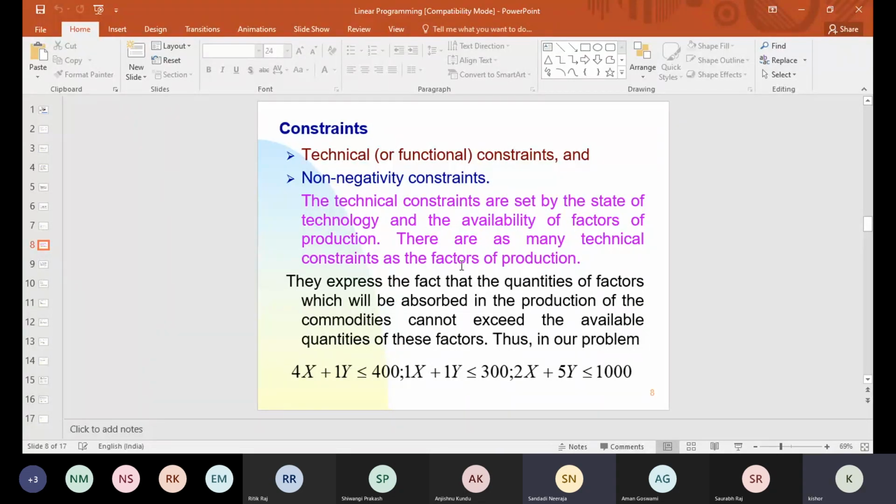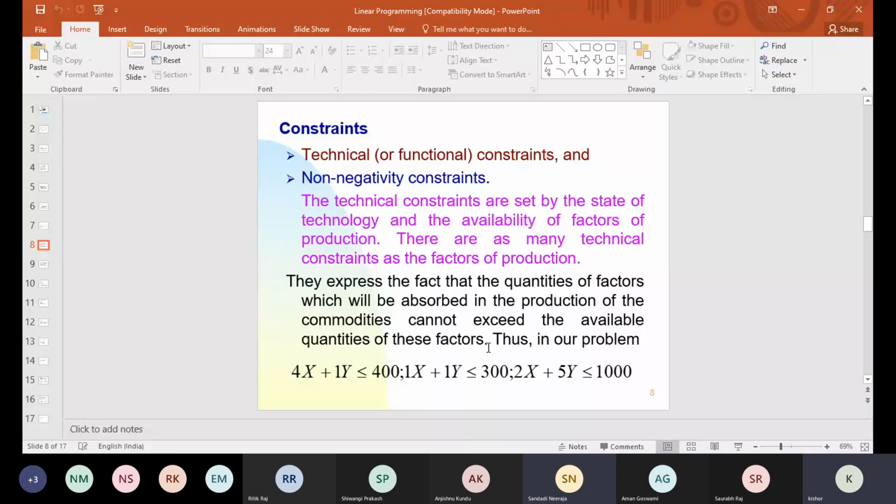There are as many technical constraints as the factors of production. They express the fact that quantities of factors absorbed in the production of the commodities cannot exceed the available quantity of this factor.